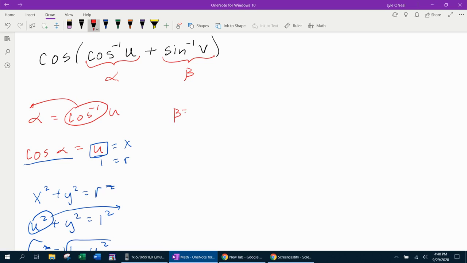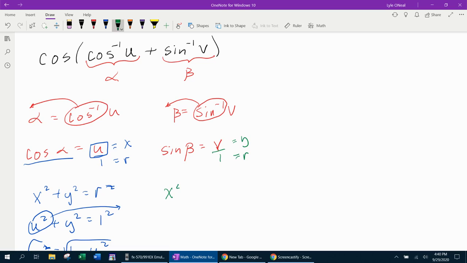we know that beta is the inverse sine of v. Bringing the inverse sine over makes it sine of beta equals v. And then if I make that into a fraction, I know that sine is y over r. And now I can find x.